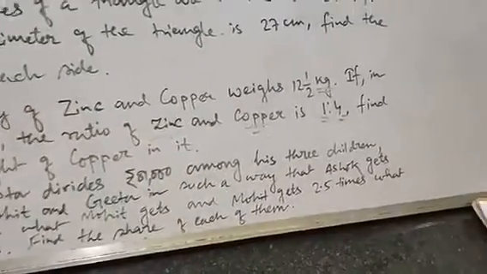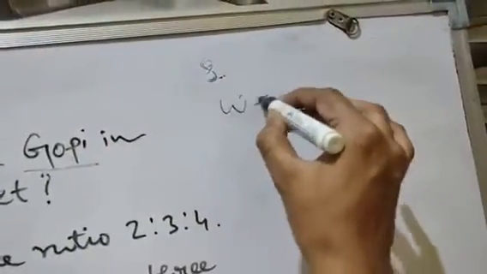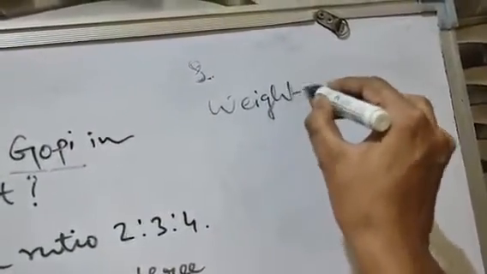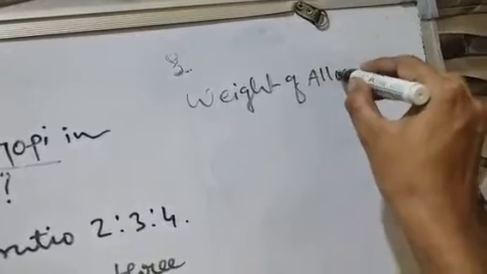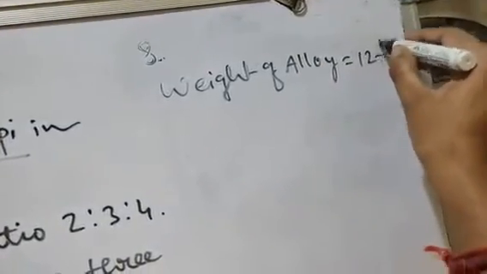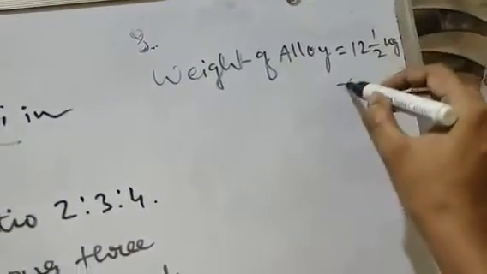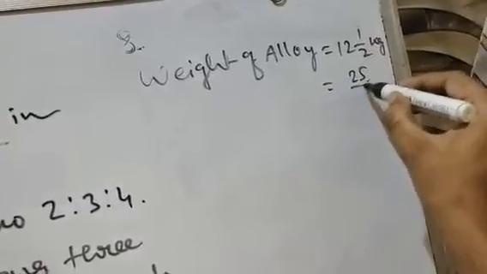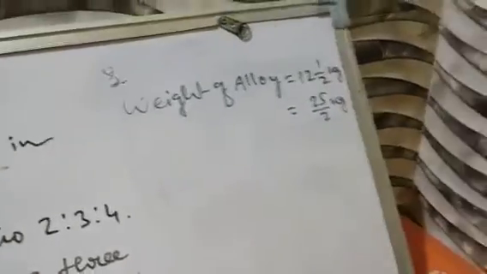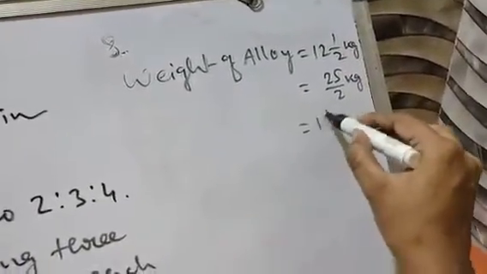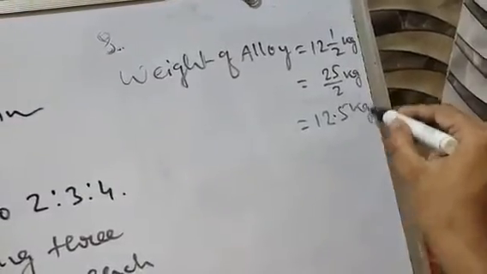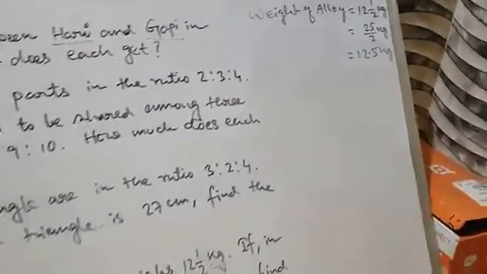So first, the alloy weighs 12.5 kg. So just write weight of alloy equal to 12.5 kg. Just break this, 25 by 2 kg. That means it will be 12.5 kg. Clear?